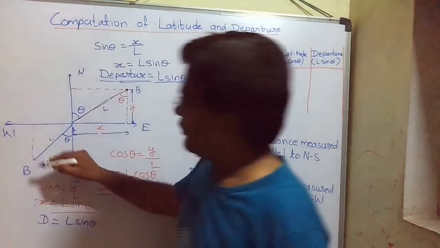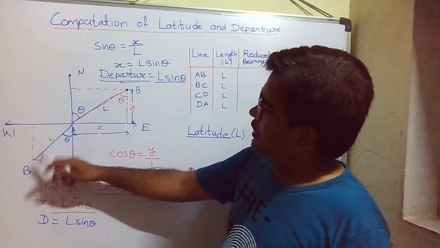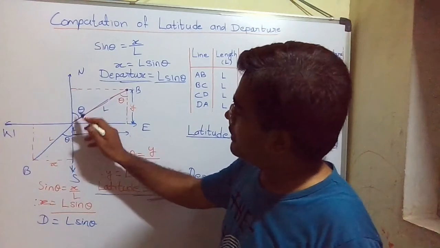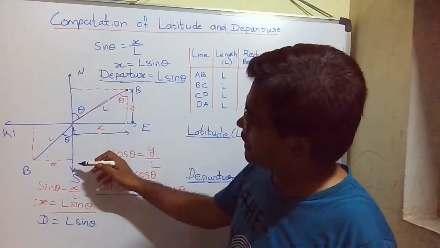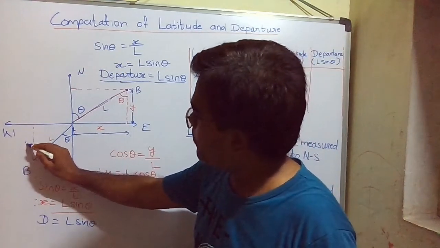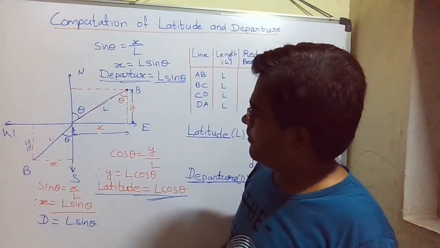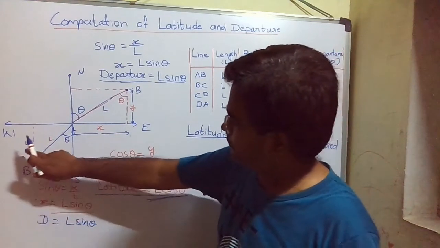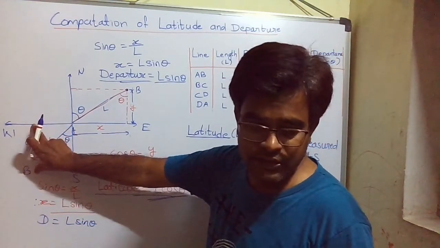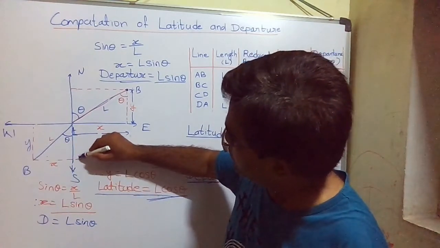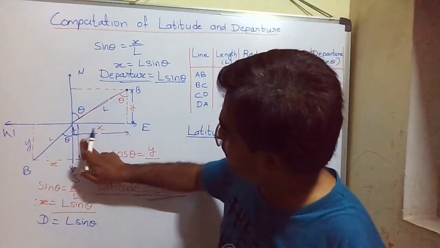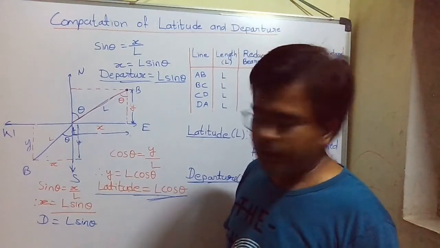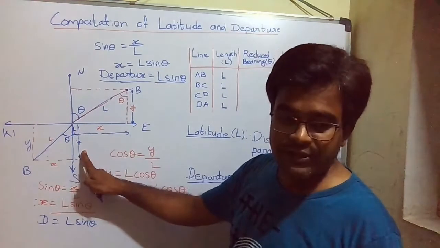Now again, the length of this line parallel to the north-south direction, suppose this is y. Then this distance is equal to this distance, so this will also be y. Now in this triangle, this is the adjacent side.